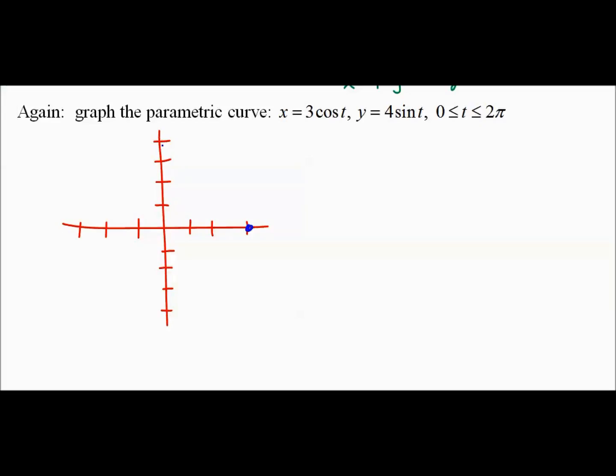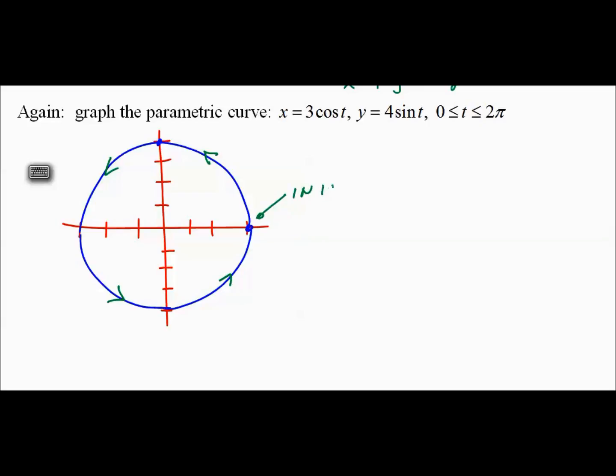Started here, went here, initial point, terminal point.